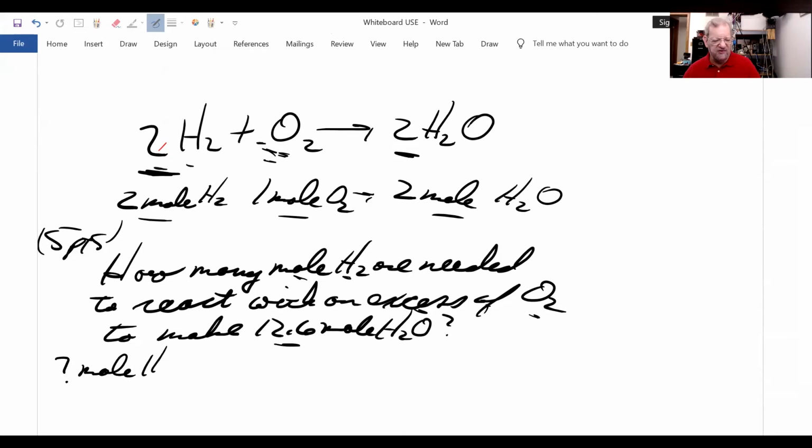Moles of hydrogen. What are we given? 12.6 moles of water. But you're given something else. Any problem like this, I would always include the balanced chemical equation. When I was an undergrad, the teacher would make you balance it first. I'm not that cruel. Don't tell anybody I'm being nice. Ruin my image around here.